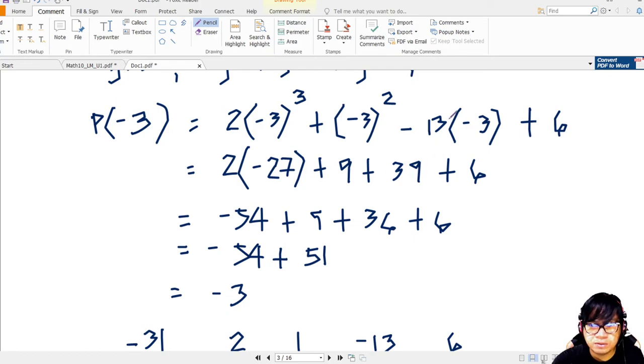Tapos, ito naman is 39 naman. And 6. So, ito siya, 2 times negative 27 is negative 54. Tapos, ito siya 9. Okay. Ito, bakit siya naging 36? Dapat 39. So, dito tayo nagkamali.